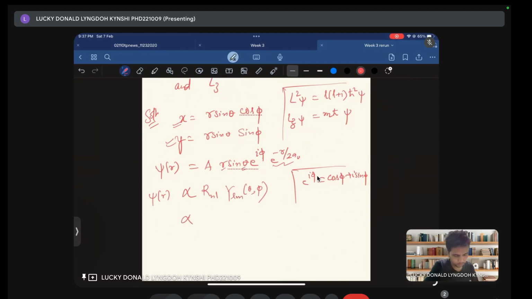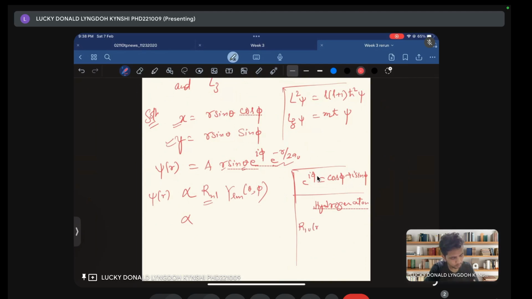So for a hydrogen atom, you need to know the values of R and l, so I will give them to you. You can look again in the textbook, or I can give it to you.